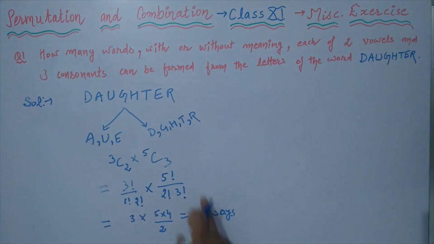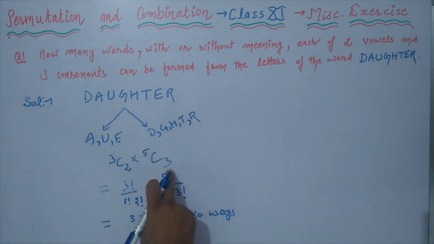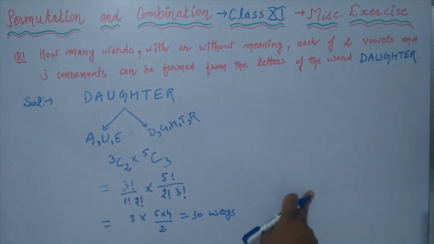So there are 30 ways we can select the two vowels and three consonants.